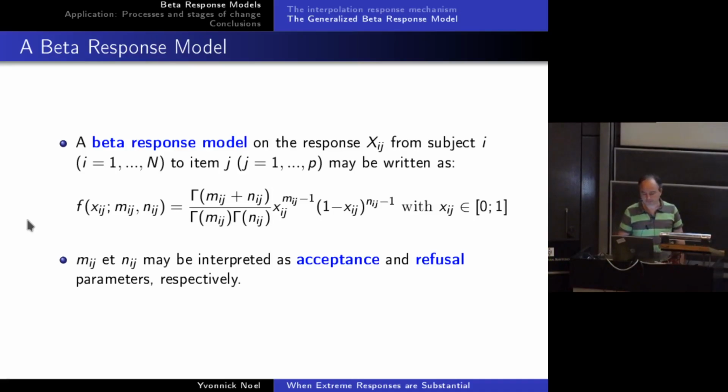We need a double subscripting convention here, and if we do so, it is tempting to interpret the two distributional parameters as an acceptance and a refusal parameter respectively, because m will modulate the impact of x, the agreement response, on the shape, and 1 minus x, which might be interpreted as an implicit refusal of the item, will then be modulated by n. So I propose to interpret these two parameters as acceptance and refusal parameters, respectively.